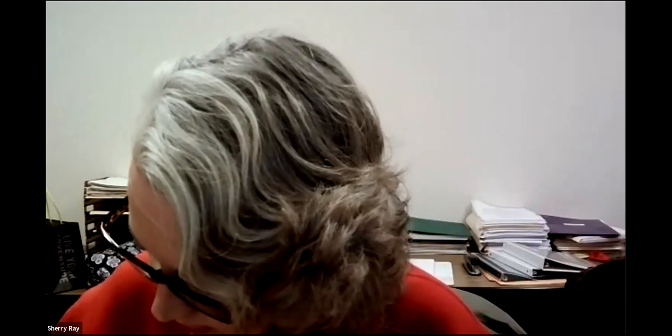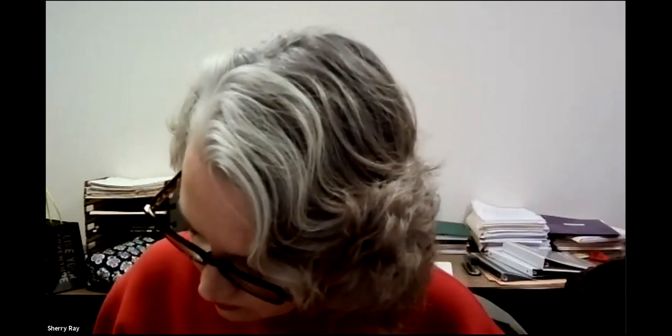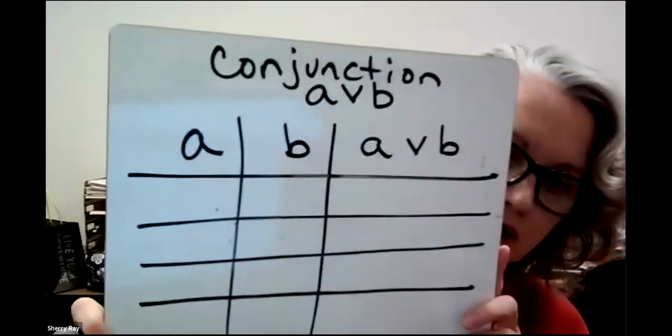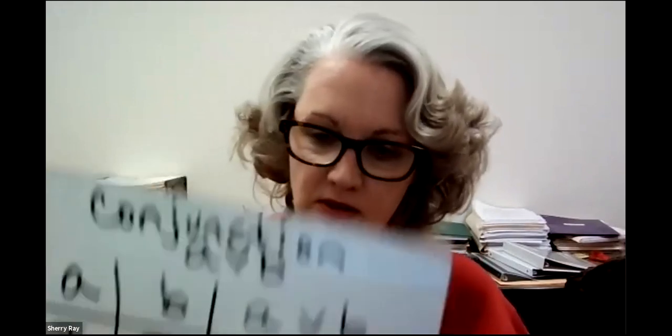Now, when you have a conjunction and you have a truth table, the way we always line up our truth tables is for the first column, A, we have half true statements, half false statements. B alternates with true, false, true, false. And if you go through the learn portion of your assignment, you would encounter these truth tables.